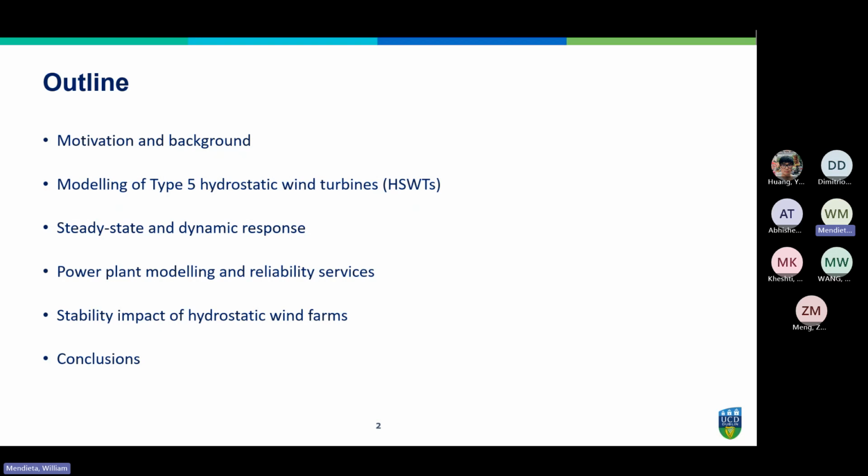Then I will present some results regarding the steady-state characteristics and the dynamic response of a single hydrostatic wind turbine. Next, I will present the approach used to model a hydrostatic transmission wind farm, and I will discuss its stability impacts on a power system. And finally, I will present the main conclusions of this work.